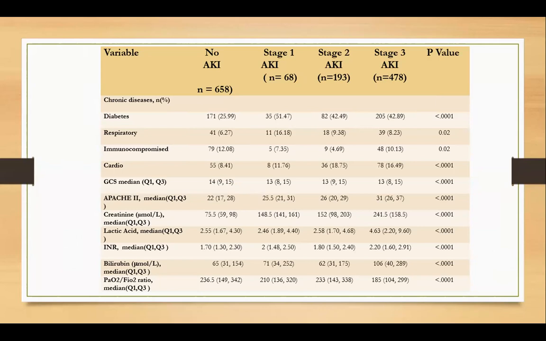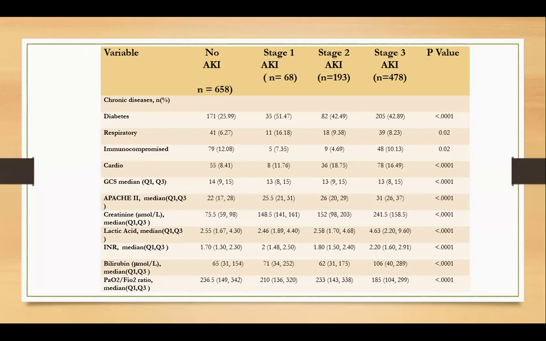Also, one of the variables is the Apache score. It was highest in stage 3 AKI with a median of 31, while in the non-AKI group the median was 22. Also creatinine, which goes up as the patient has an advanced stage of acute kidney injury.